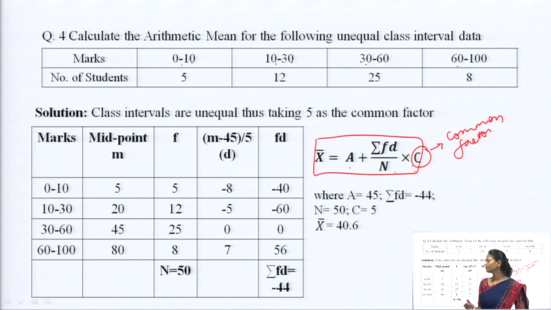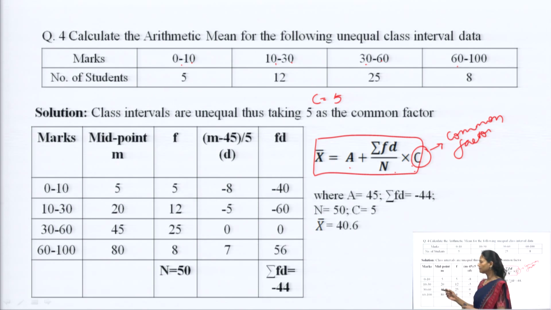These midpoints can be divided by 1, but we do not take 1. We cannot take 2, as it cannot divide 5 and 45. But what we can take as a common factor is 5. So, here we have taken the common factor C is equal to 5, since the class intervals are unequal.